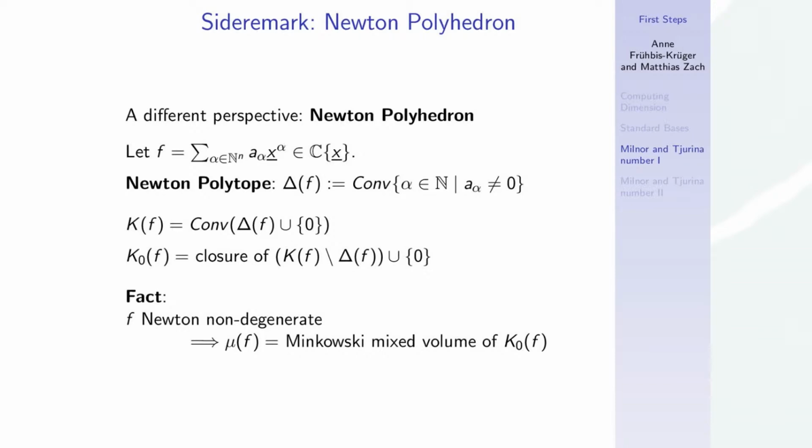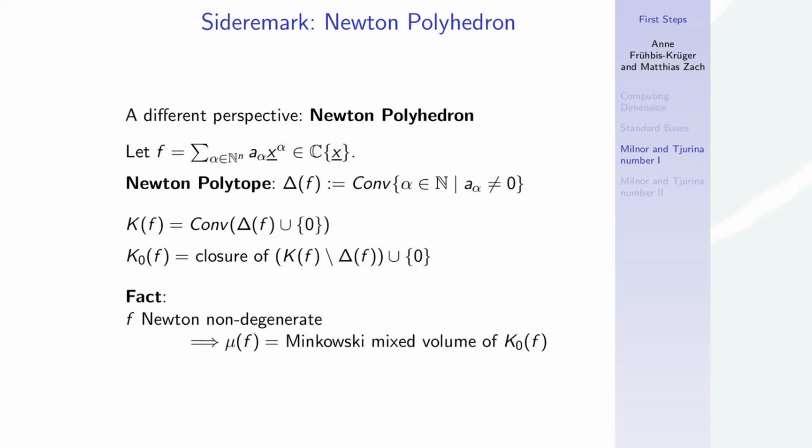Look at F as a power series, and then you mark in the monomial diagram all those monomials where the coefficient is non-zero, so all appearing monomials, and you take the convex hull. That gives you a polytope.